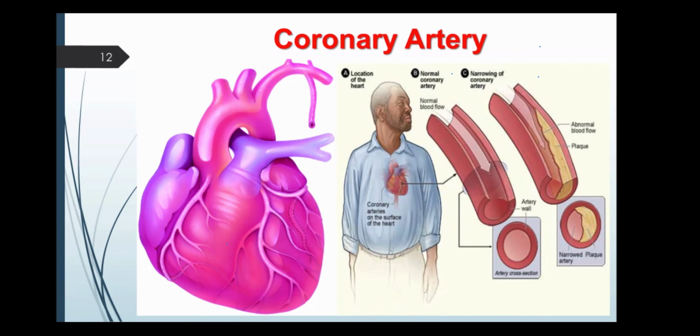Which persons have this type of yellow plaque? Smokers. Remember that the smoke of a cigarette contains nicotine, and nicotine increases the rate of deposition of this plaque inside the arteries.